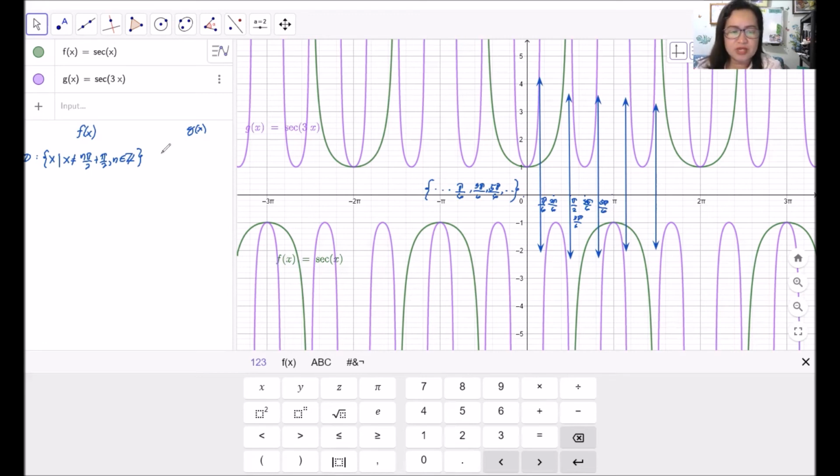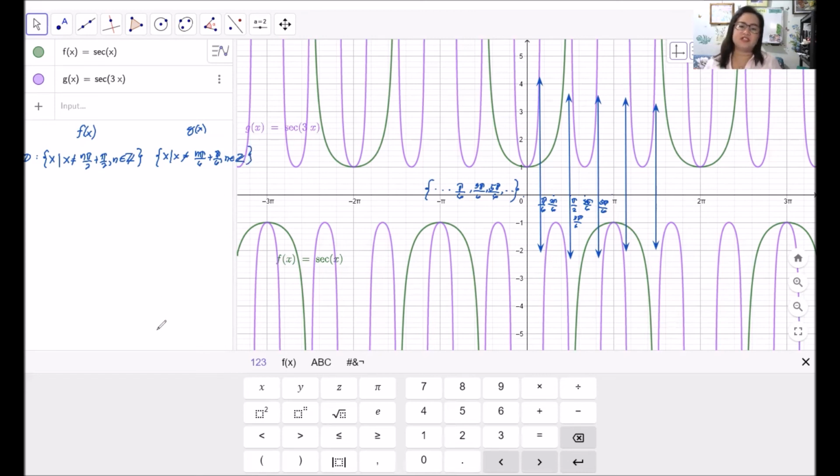So the domain of g of x is the set of all x such that x is not equal to n pi over 6 plus pi over 6, where n is an element of the set of integers.